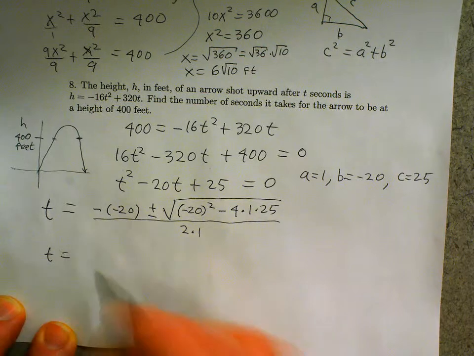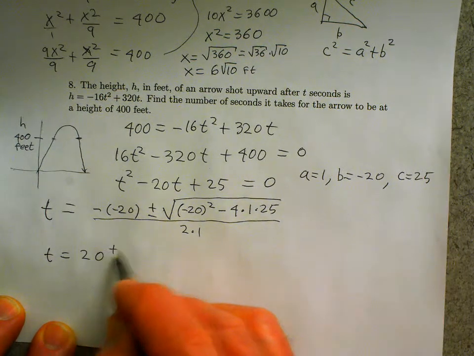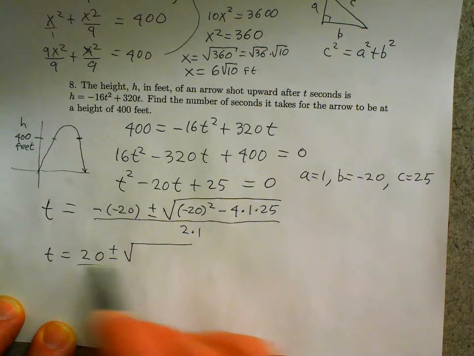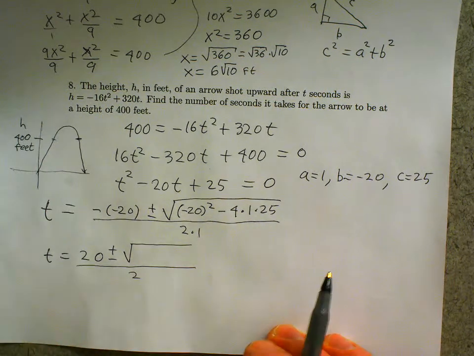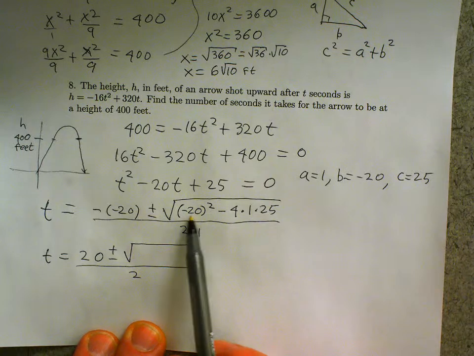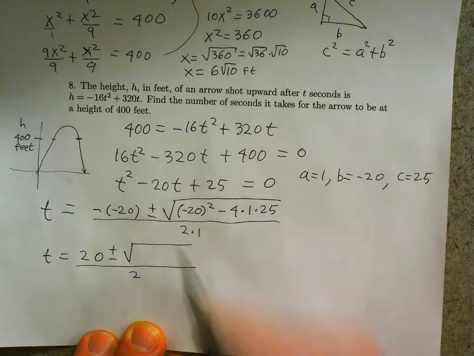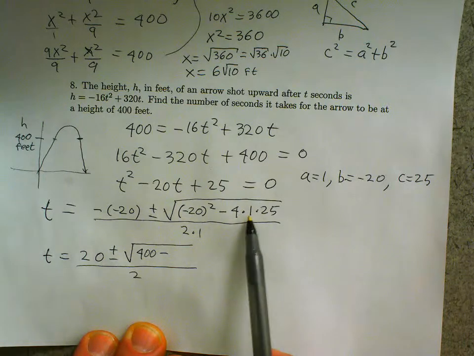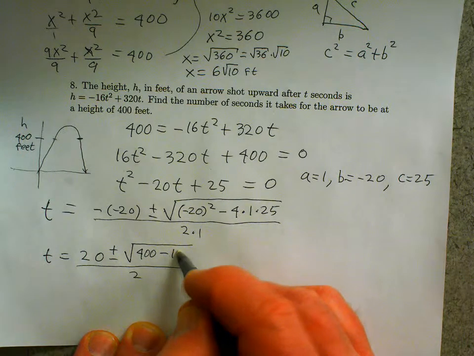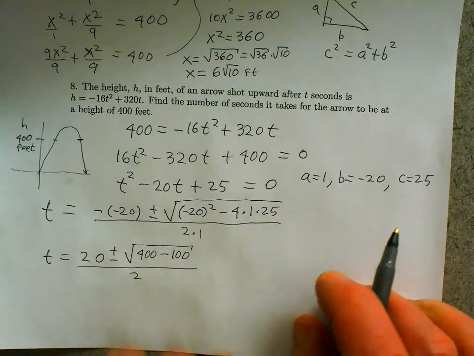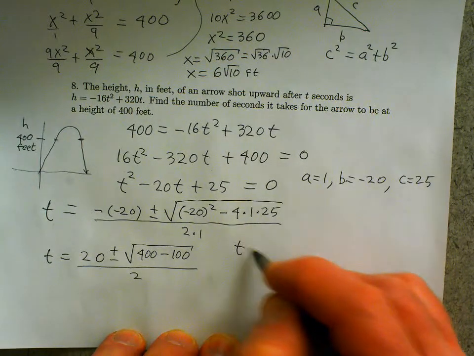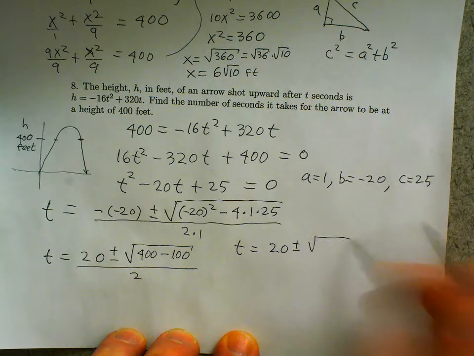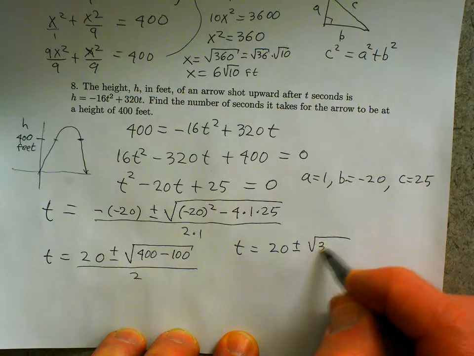And then t equals positive 20 plus and minus the square root of a number, all divided by 2. Inside the square root, we have negative 20 squared, which is 400. And then we're subtracting 4 times 1 times 25, we're subtracting 100. So t equals 20 plus and minus the square root of 300.